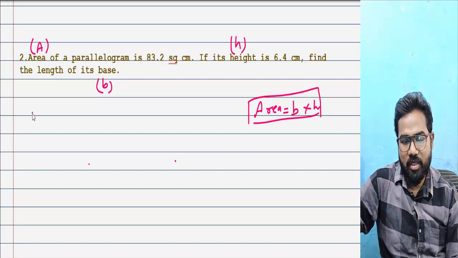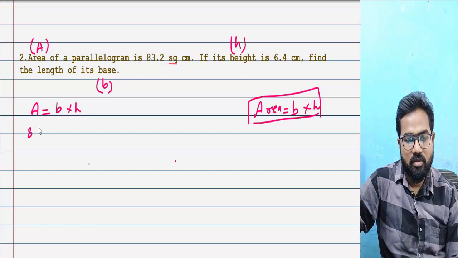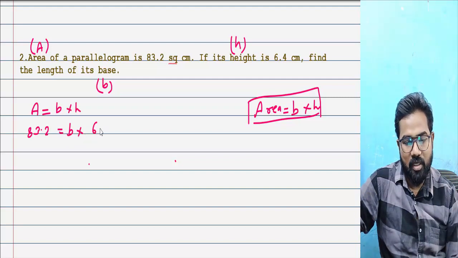So again area is given as 83.2, which equals base into height. Base is not given, we need to find it out, and h is given as 6.4 centimeter.